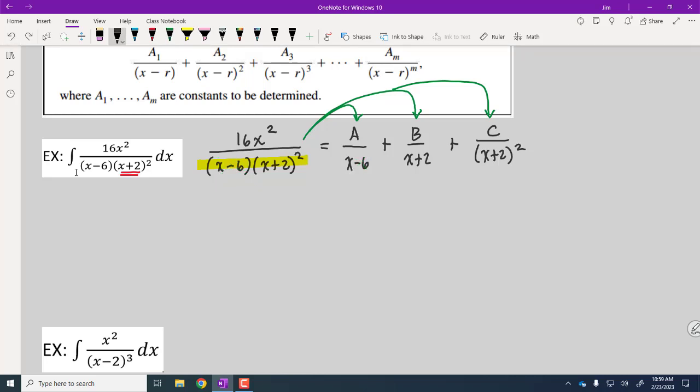So we're left with 16x squared equals a times x plus 2 squared. And with the b fraction, the x plus 2 in the denominator cancels with one of the x plus 2's in the numerator, so you'll end up with b times x minus 6 times x plus 2.